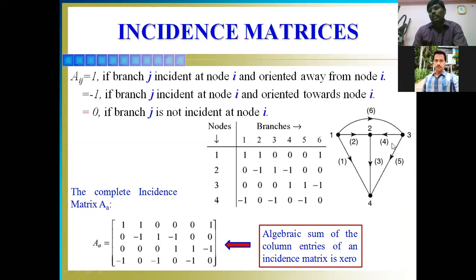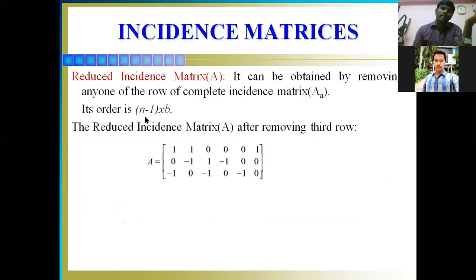But here in graph theory, you can take any node as a reference node. So you can get the whole characteristics of the network in the further analysis. Therefore, we can obtain this reduced matrix by removing any one of the rows. So the size of the reduced incidence matrix is n-1 into b, since we are removing one row related to nodes.